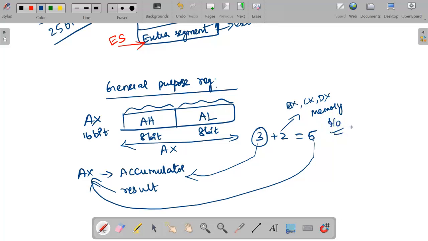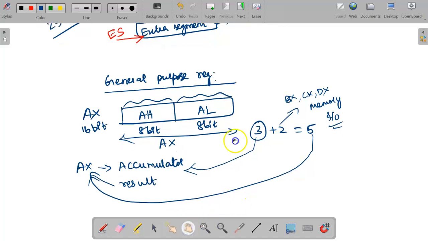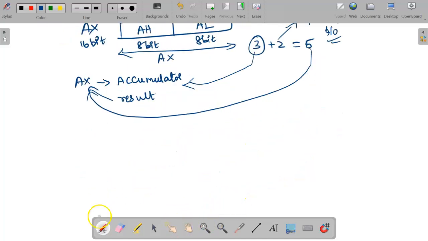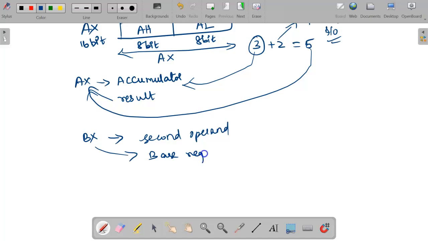Coming to the next register, that is the BX register. The BX register can also be used to store the second operand. In most instructions we will use the BX register to store your second operand, and it is also called the base register. Base register in the sense it is used to store the offset address.